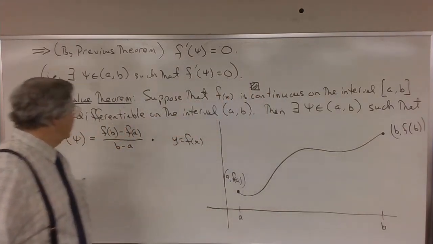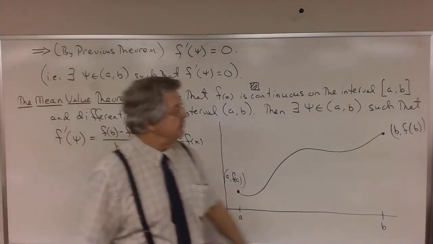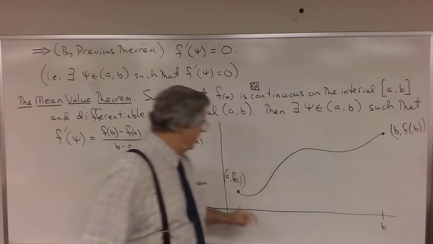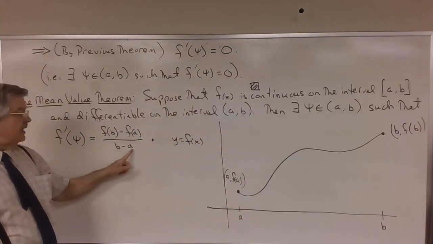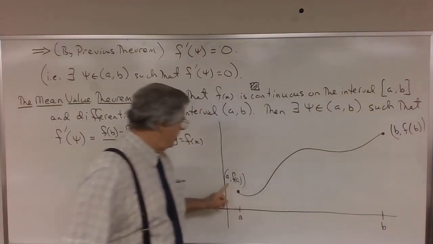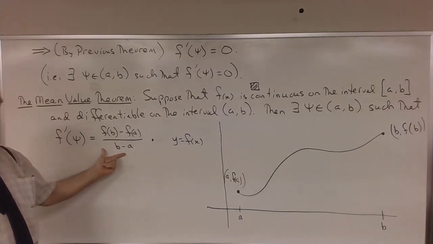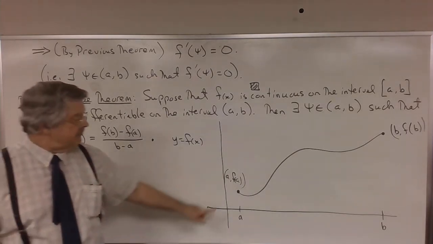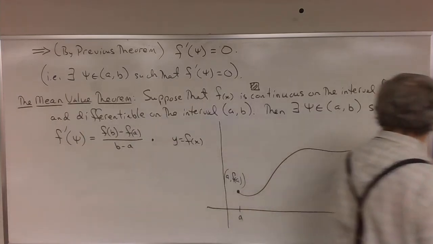See that? y2 minus y1 over x2 minus x1. This is just the slope of the line that connects the points a, f of a and b, f of b.